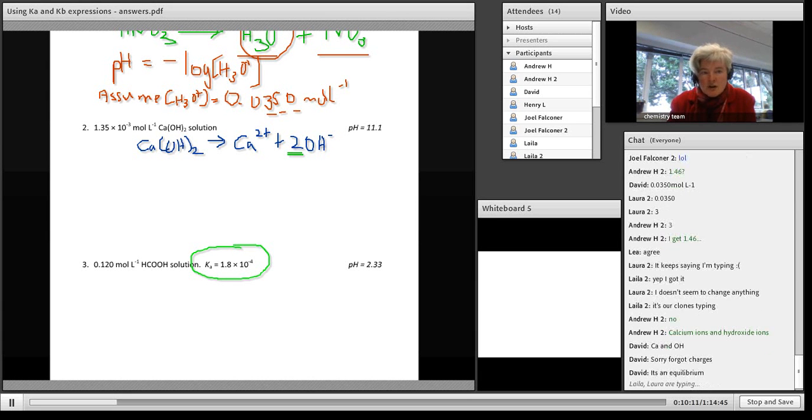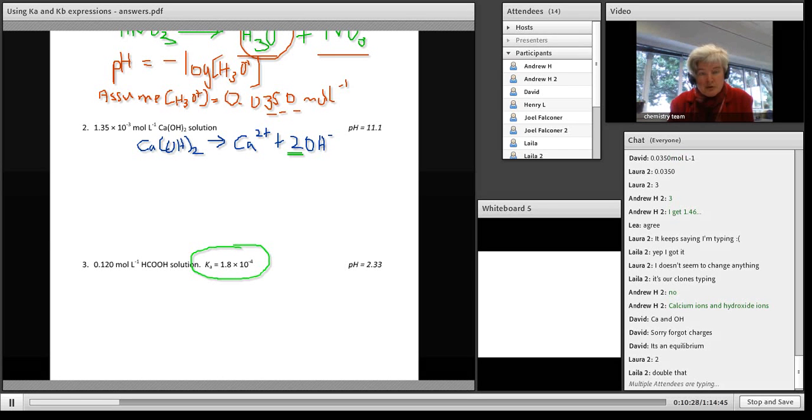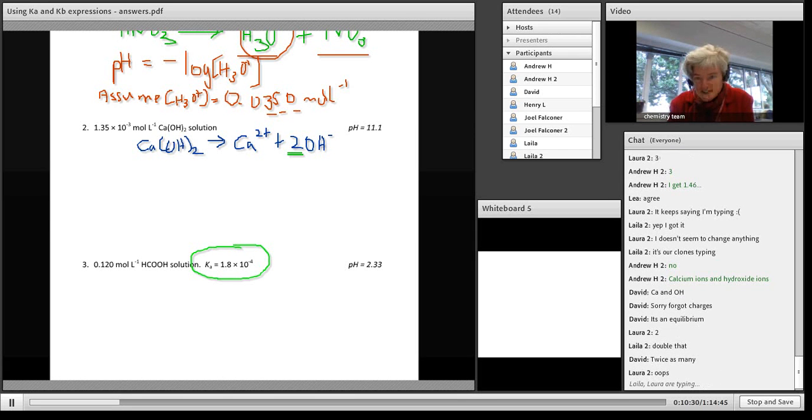So if I've got 1.35 times 10 to the minus 3 calcium hydroxide solution, how many hydroxide ions have I got? Not just 1.35 times 10 to the minus 3, you double that. Okay, twice as many.